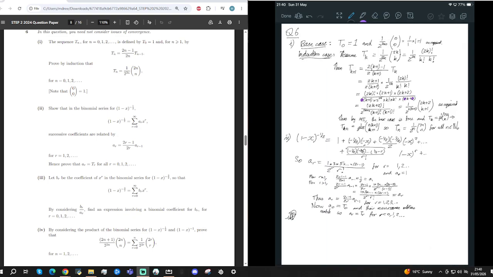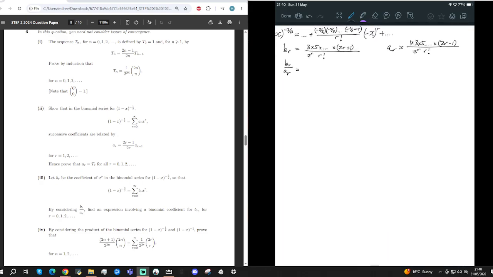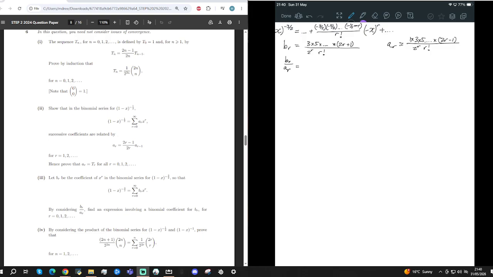Let me double check that I did quote that correctly. Yep. So if I do that first one divided by the second one, the denominators are the same, so cancel perfectly. BR has an extra 2r plus 1, and AR, I mean, that's it.